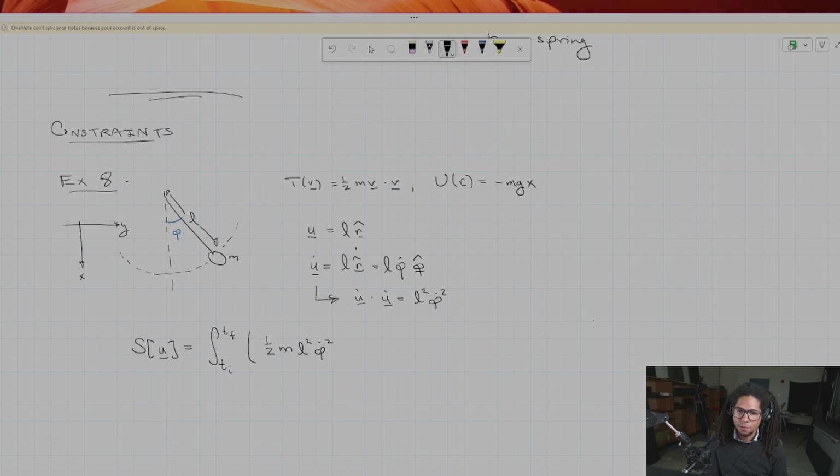Now minus mgx, x is just this length, which is L times the cosine of phi. But then this minus sign here means that this would become plus mgx, and x is L cos phi, dt.